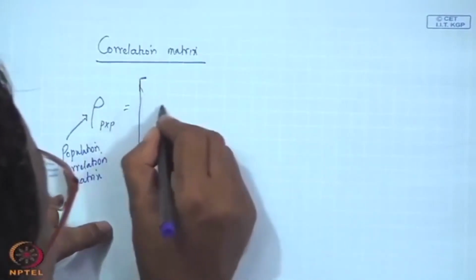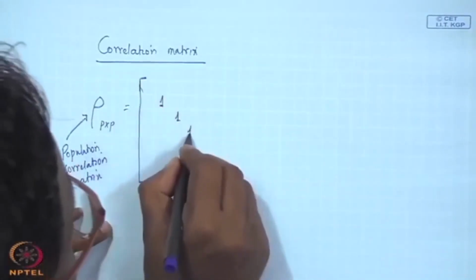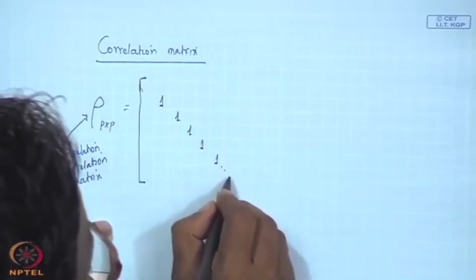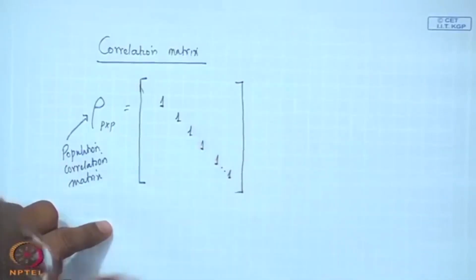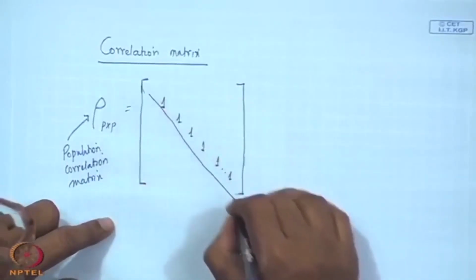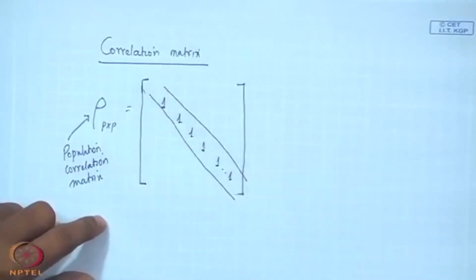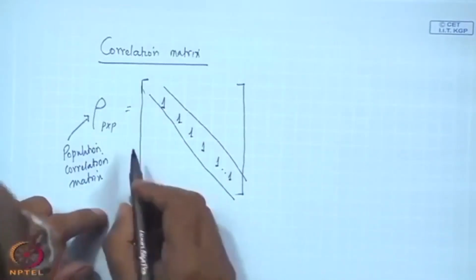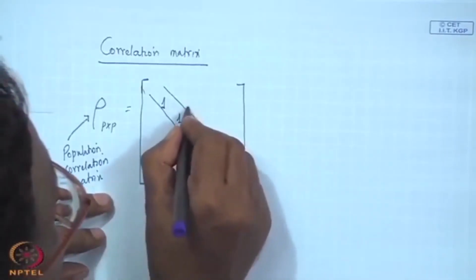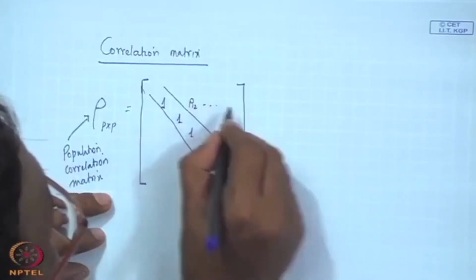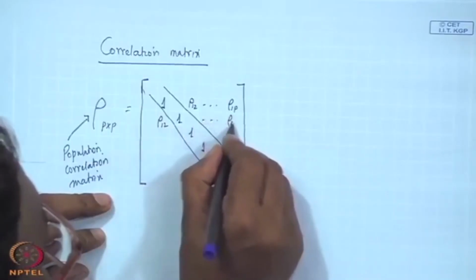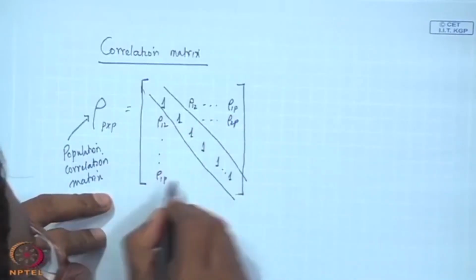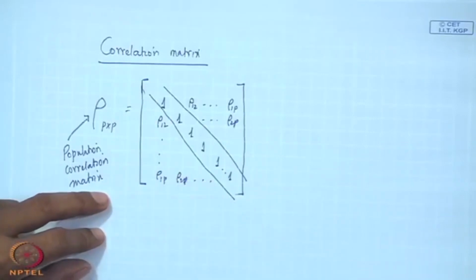The beauty here is that your diagonal elements will be 1. This is the correlation of the same variable with itself, and the off diagonal elements will be written like this: rho12, rho1p, rho2p. It will continue like this, correct.